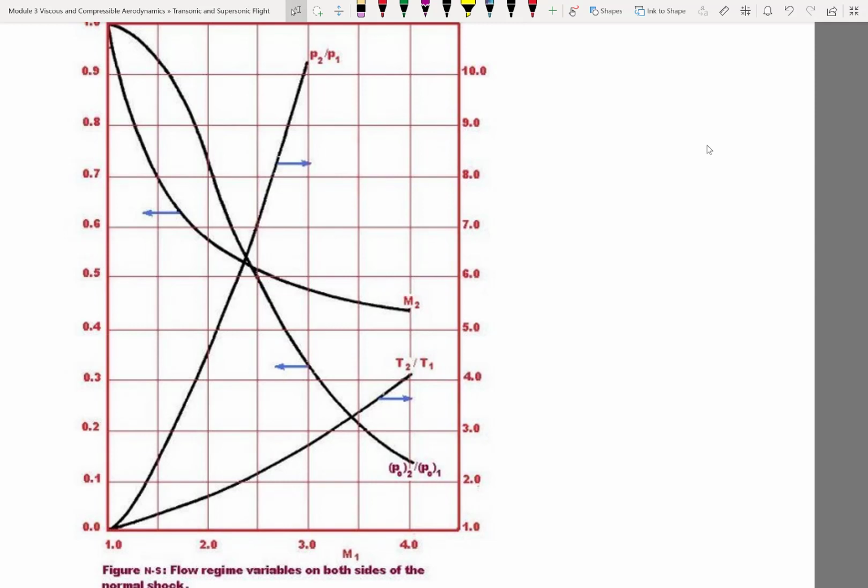This is actually a consequence of conservation of energy, right? So if you imagine a stream tube that decelerates isentropically from supersonic back to subsonic and then all the way to 0 velocity, versus another stream tube that goes through a shock to subsonic and then again slows down to almost 0 velocity.